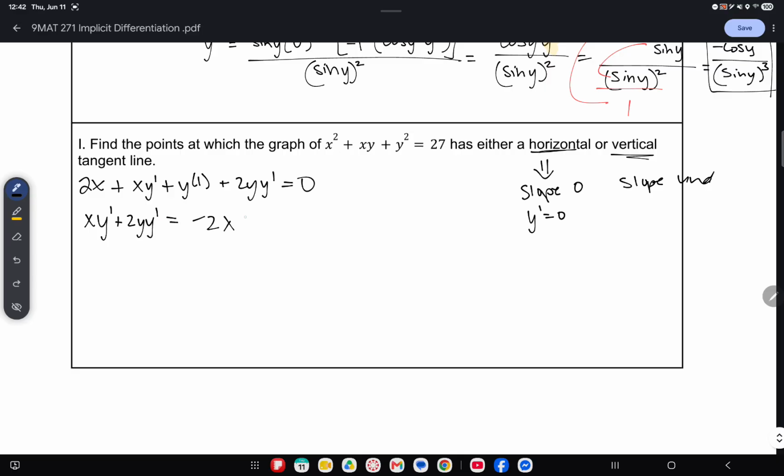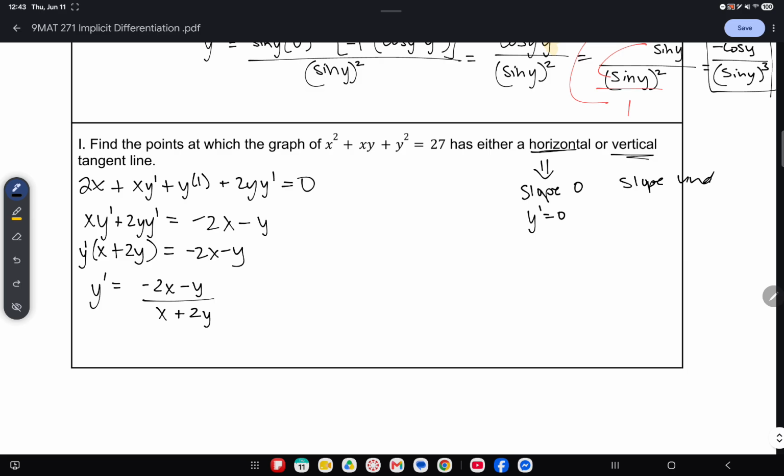So minus 2x minus y. Let's factor out a y prime. So I'm left with x plus 2y. And then let's divide both sides by that x plus 2y. So y prime is negative 2x minus y over x plus 2y.